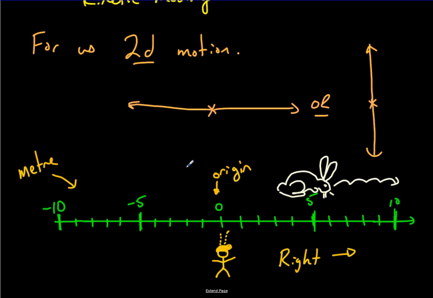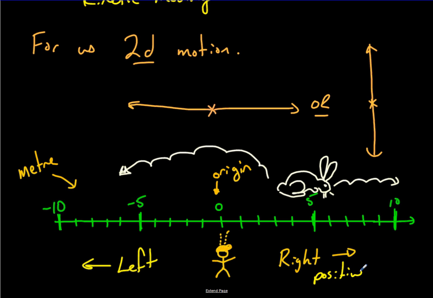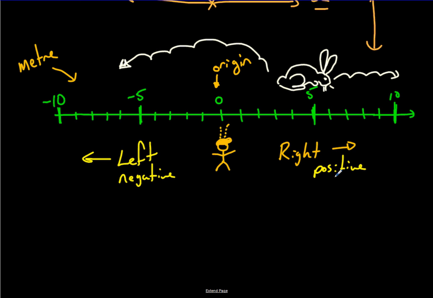And if the bunny were to hop, hop, hop in the opposite direction, how do you think we would say the bunny is moving? Yeah, excellent, negatively, so left. Okay, so this is positive motion, and this is negative motion. Now, positive and negative here really are only talking about direction. Does that make sense? Okay.